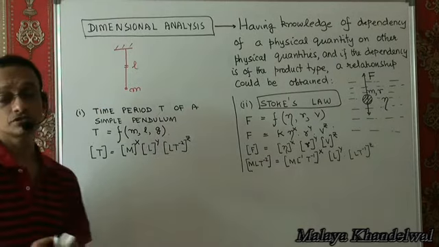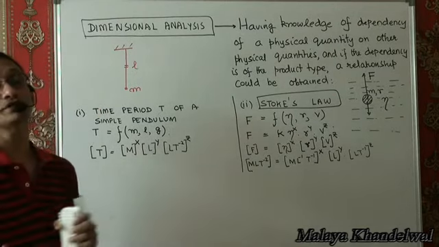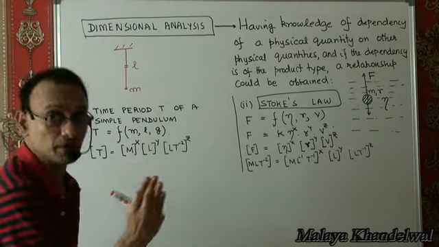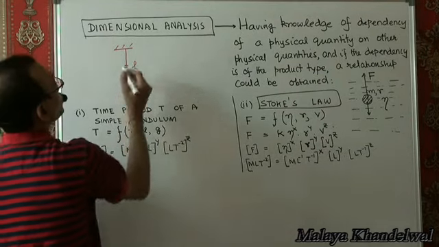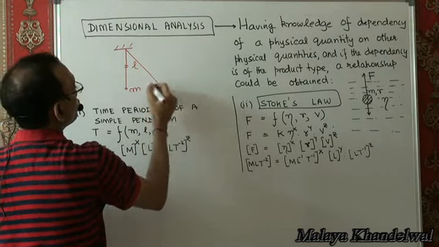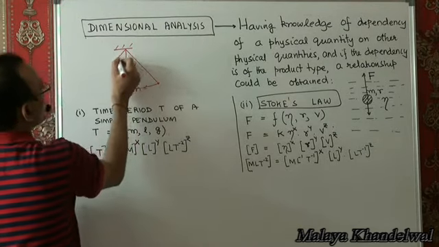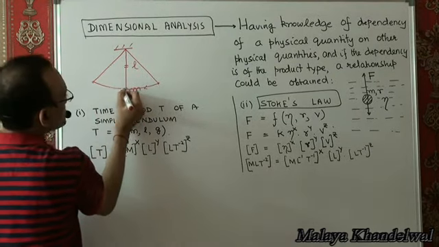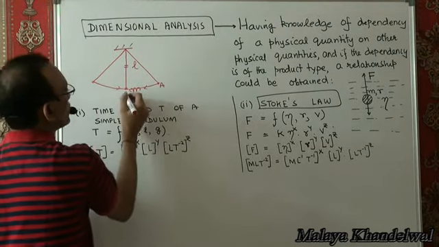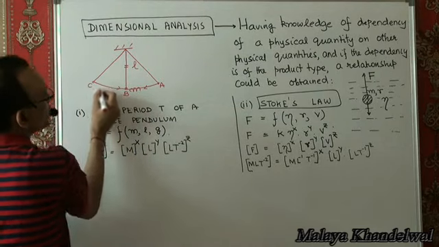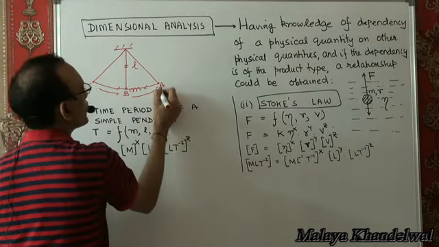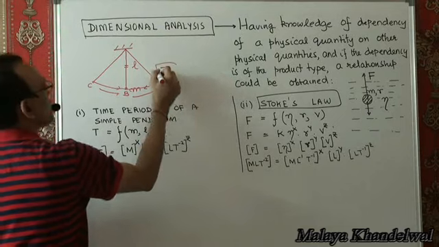The time period of the pendulum is the time it takes for a full oscillation. It starts from A, goes to B, goes to C, comes back to B, and comes back to A. That's a full time period.